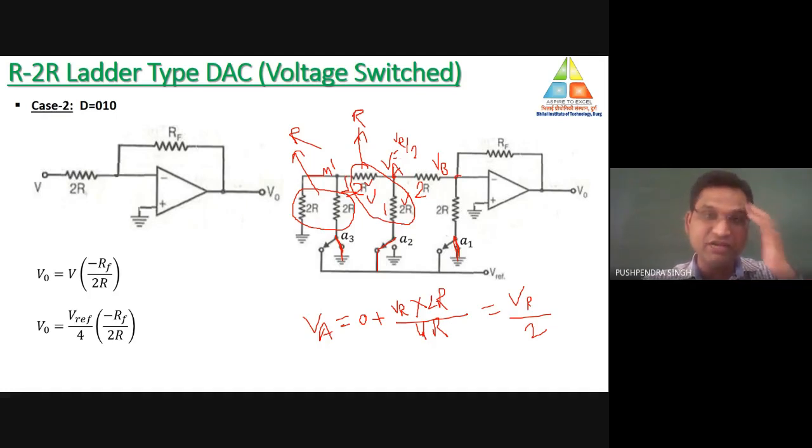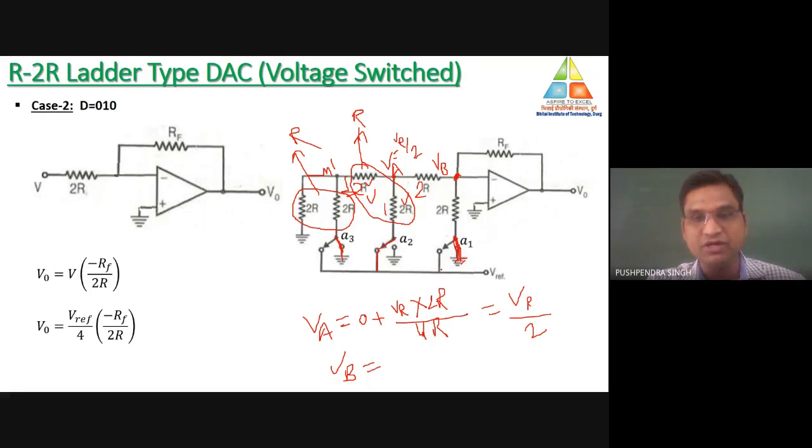So the value of VA is VR divided by 2, which is connected to 2R. Then the node voltage is VB. Now this VB is connected through 2R to ground.